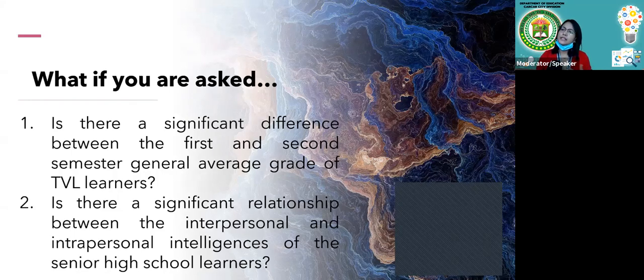And of course, the opposite of the null hypothesis is what we call the alternative hypothesis, which affirms the significant difference or relationship. So if the null hypothesis denies the significant difference or relationship, the alternative will affirm it. For example, in number two, you would say there is a significant relationship between the interpersonal and intrapersonal intelligences of the senior high school learners.